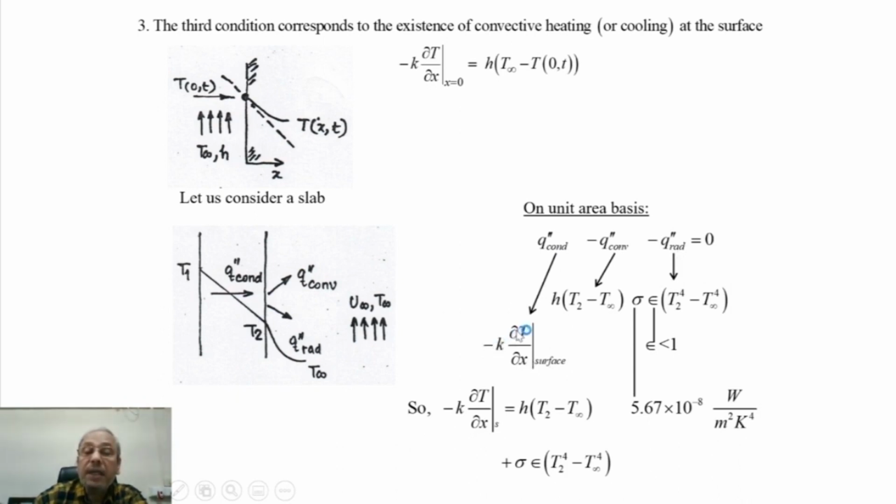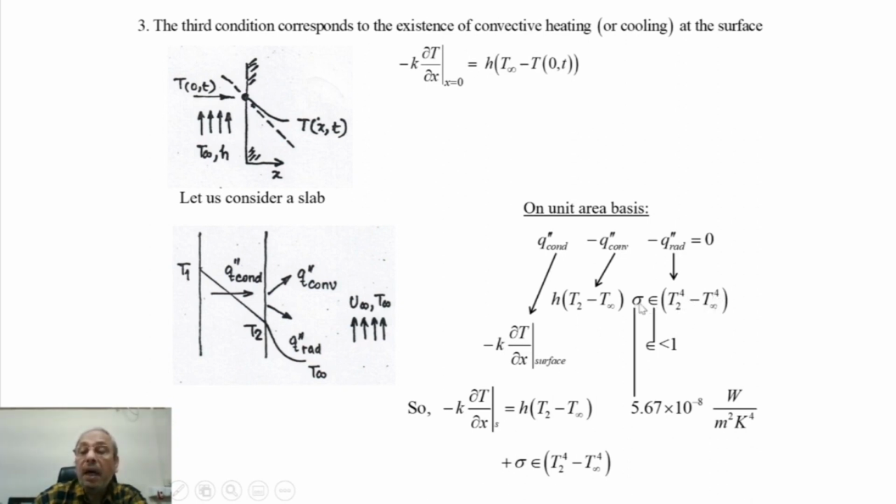where, at the surface, minus K del T del X, convective component is H (T2 minus T infinity), T2 is the surface temperature, and radiative component is sigma into epsilon into (T2 to the power 4 minus T infinity to the power 4).